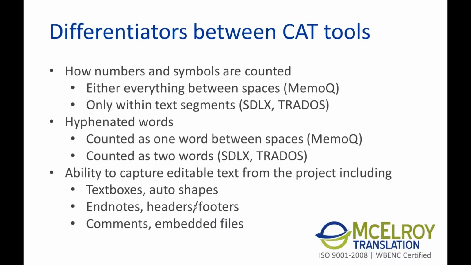For hyphenated words, MemoQ counts an entire hyphenated word as one word, whereas SDLX and Trados see hyphenated words as two words. Now, with different CAT tools, they have different abilities to capture extra text. All three of these are going to find text within text boxes, auto shapes, notes, headers, footers, and comments. However, embedded files are still an issue for all three of these programs. So that just means that your translation agency is going to go in and count those by hand.